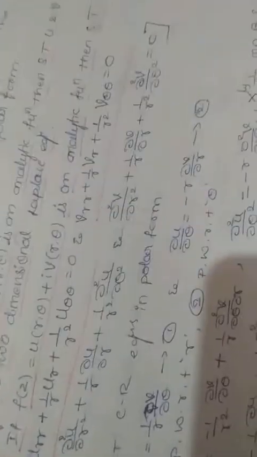Next is harmonic function in polar form. In Cartesian form, we already know that an equation which satisfies the Laplace equation is called a harmonic function. Polar means it should again satisfy the Laplace equation in polar form.